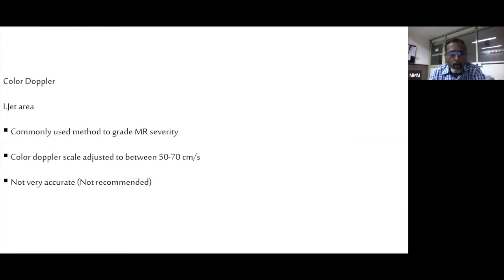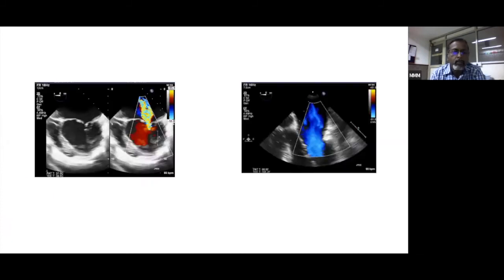Even though it is a commonly used method to grade MR severity, especially in the preoperative period, it's not very accurate because it depends on a lot of technical details and is affected by loading conditions under anesthesia. So usually it is not recommended.